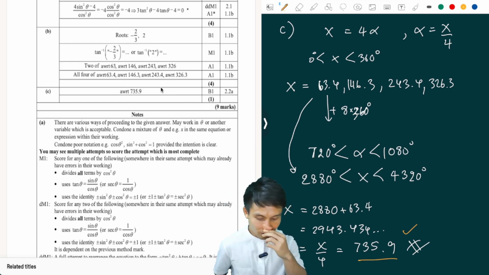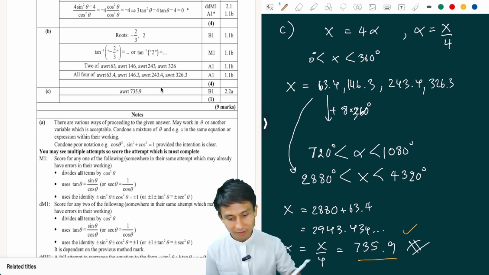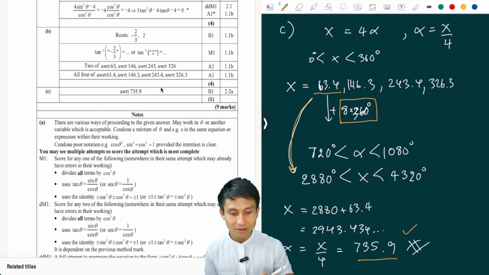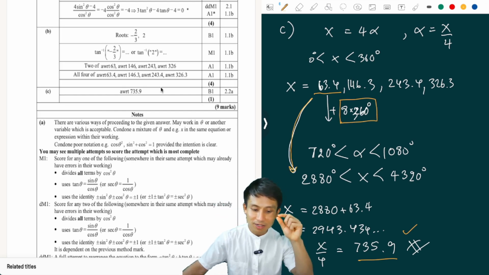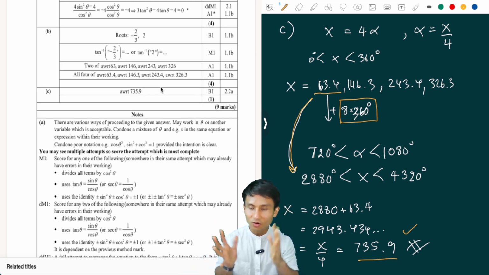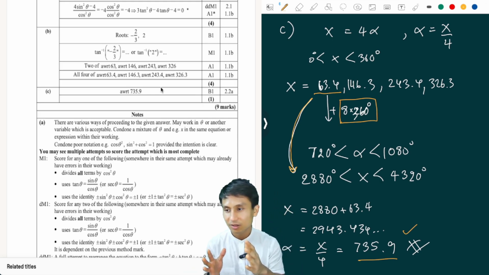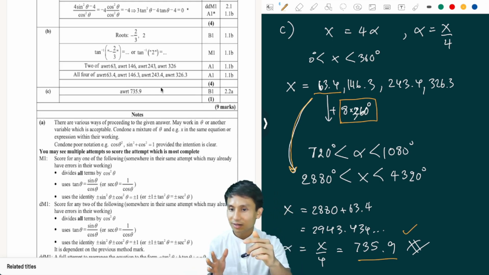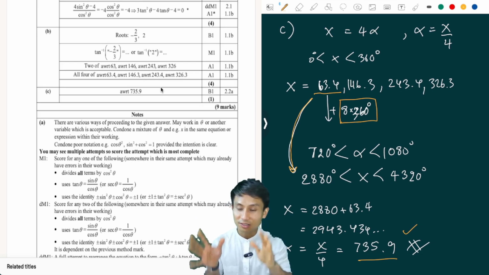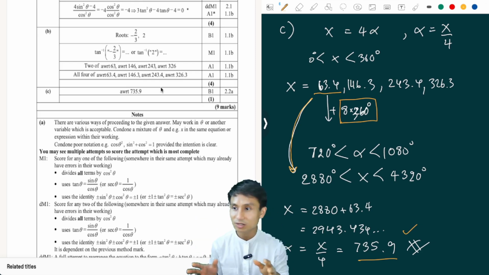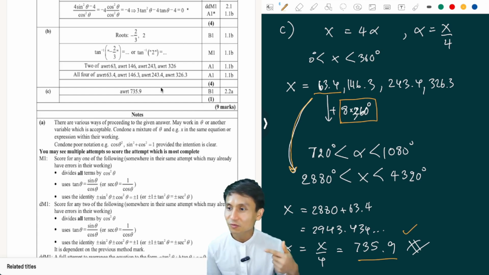Okay, so the reason why we have to ramp up the x here by adding 8 cycles is because I need to make it into the corresponding range of x. So you see, because alpha is required to be in the range of 720 and 1080, and we know that x is 4 times alpha.